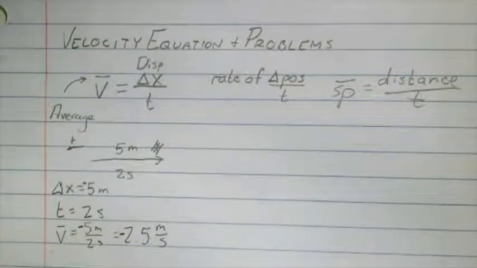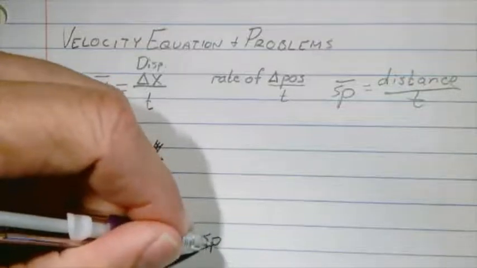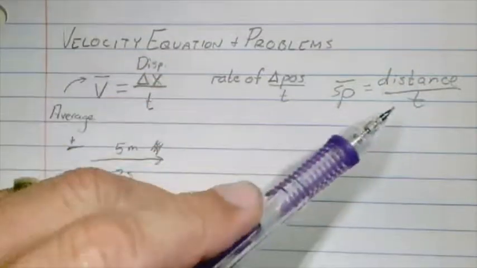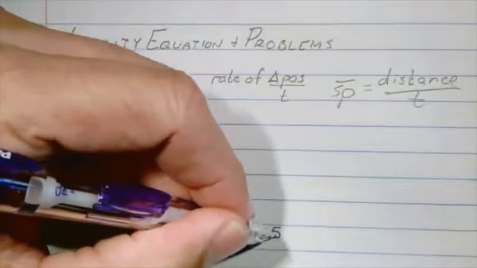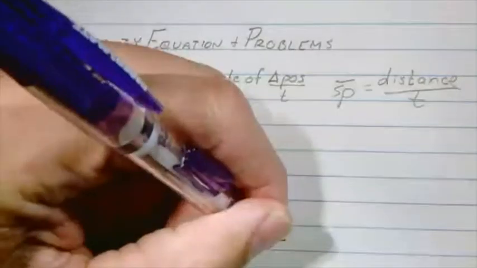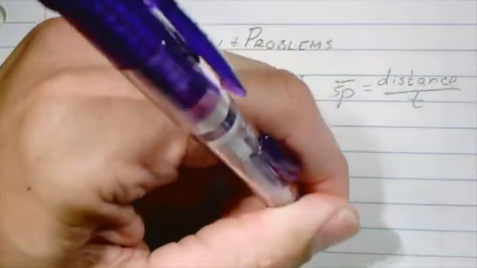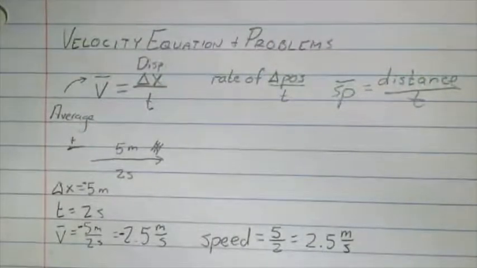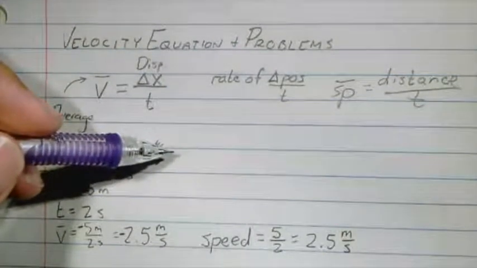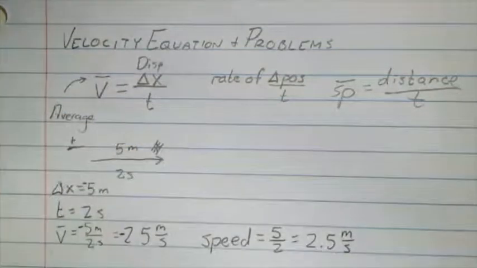What about speed? Well, speed is distance divided by time. The distance you traveled is 5 meters, the time is 2 seconds, and it's 2.5 meters per second. If you look, in the first case, when I called to the right positive, the velocity and the speed were the same thing.